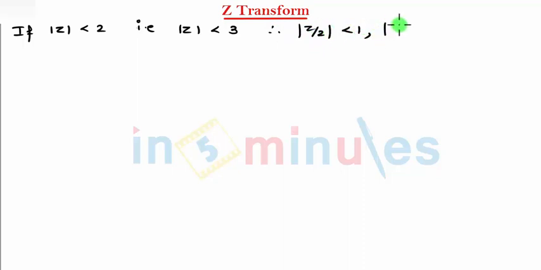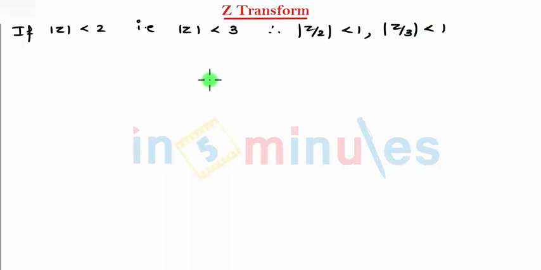After this, let's start with the inverse for each ROC. That means I will be doing the inverse with respect to each ROC. First, if mod of z is less than 2, it is obvious that mod of z is less than 3. So mod of z by 2 is less than 1 and mod of z by 3 is less than 1.